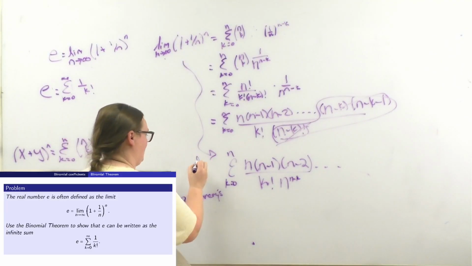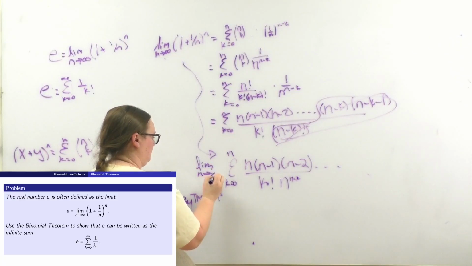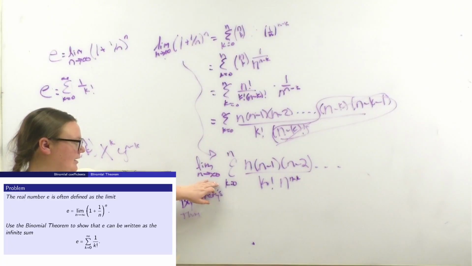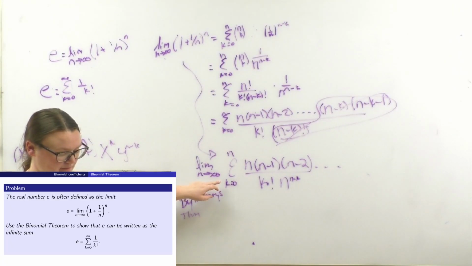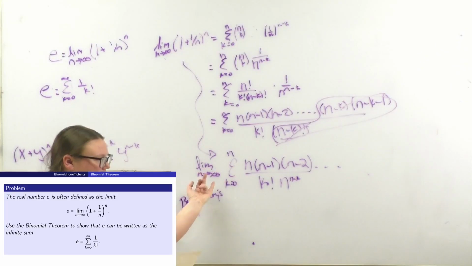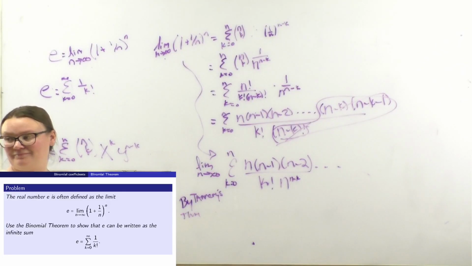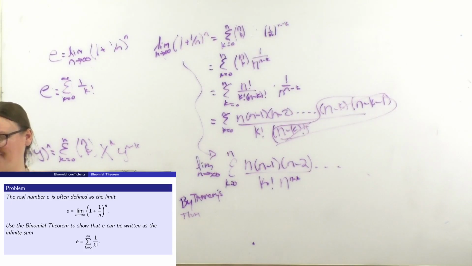So this is here. And this theorem tells us that, why can we do this? I don't quite remember, but we can switch these. Ooh, limits and sums are interchangeable. Isn't that just like the linearity of limits? Sure. Yeah.